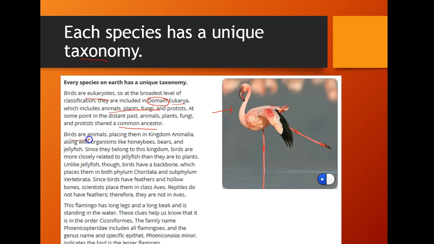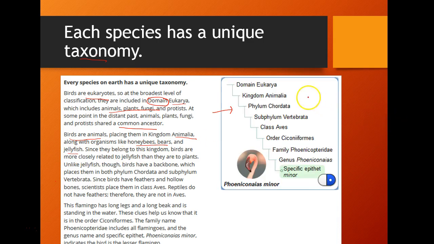Birds are animals, so we can put them in the kingdom of Animalia, along with other organisms like honeybees, bears, and jellyfish. And so what this shows you is that because flamingos are in this kingdom, they must be more closely related to honeybees than a certain plant, because they share the same kingdom.